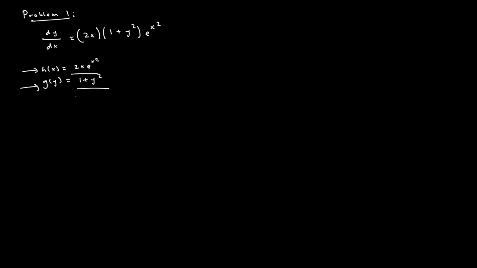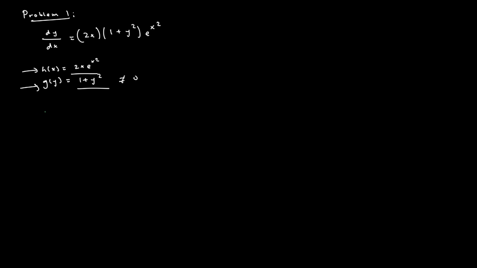We know that g of y is never equal to 0 because this function is always greater than or equal to 1. So we don't have to worry about the 0 case. And therefore, we can go about using what we showed previously to solve this.